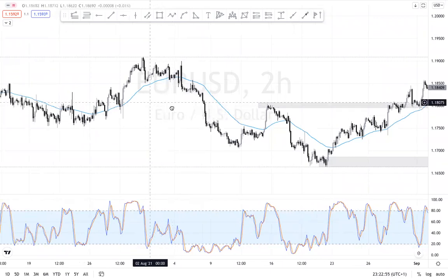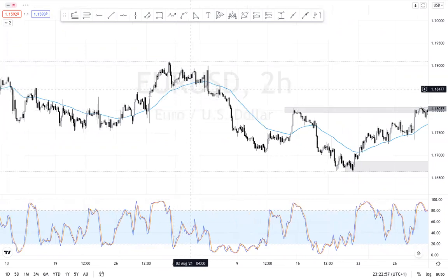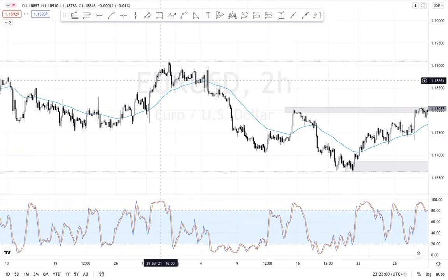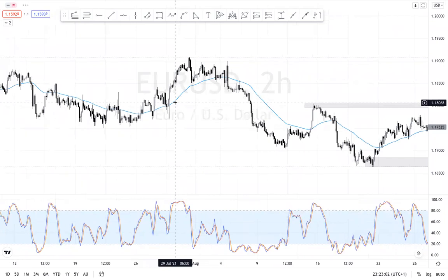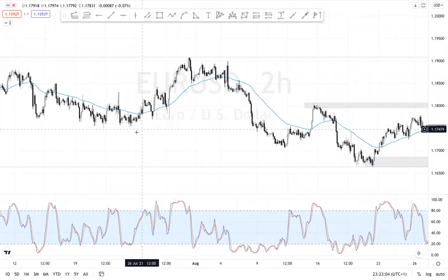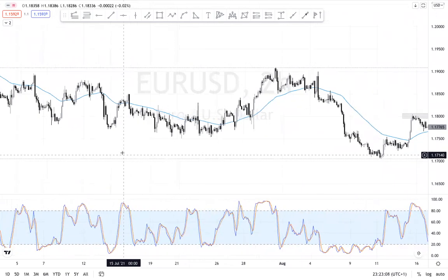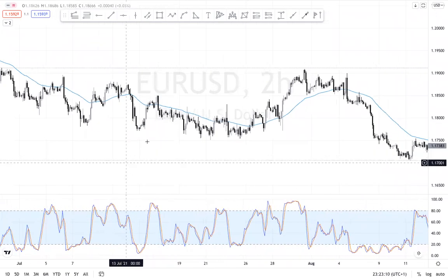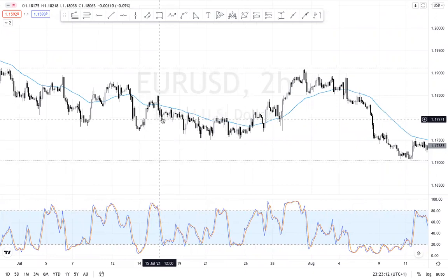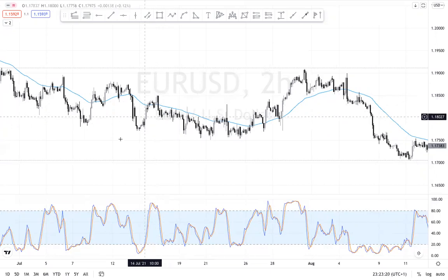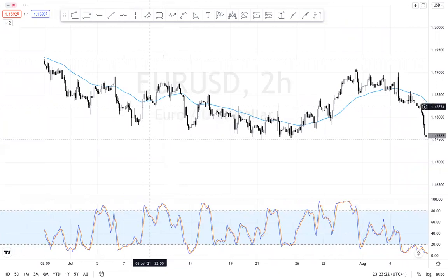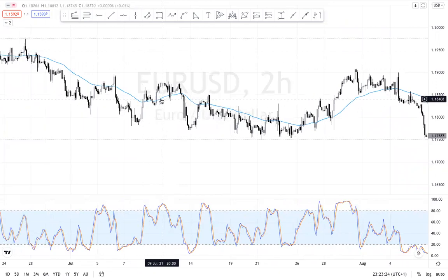Okay, market broke. Let me see if I could find any structure, just any structure at all.